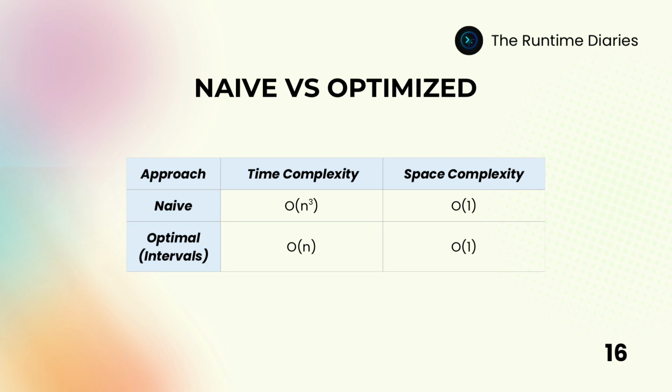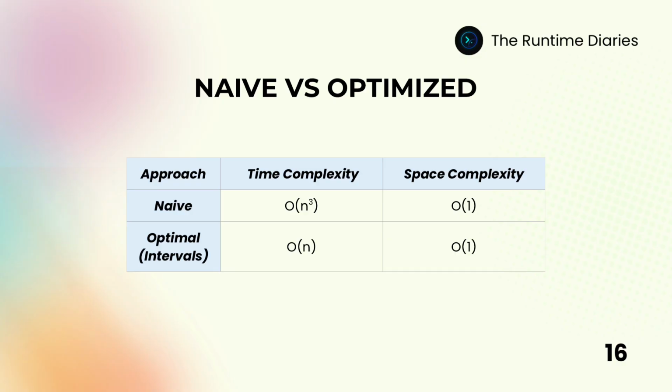Let me put this in perspective. The naive brute force O of n cubed time complexity for a string of length 1000, that's a billion operations. Now the optimized interval approach, which is O of n time complexity, for a string of length 1000, that's 1,000 operations.